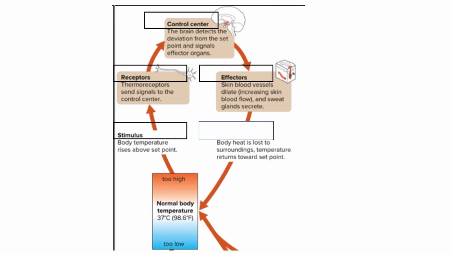The brain will then signal the effectors to do what it needs to do in order to bring the body temperature back down. And again, that would be skin blood vessels will dilate, and then sweat glands will secrete perspiration. That is the response. And then this will continue happening until the body temperature goes back to the set point, which is 98.6 degrees Fahrenheit.